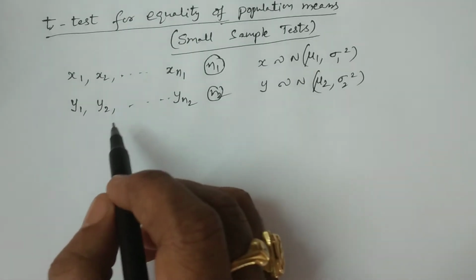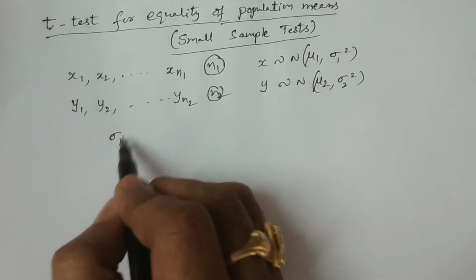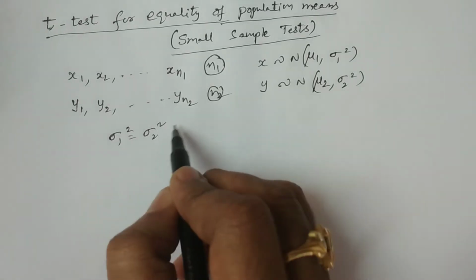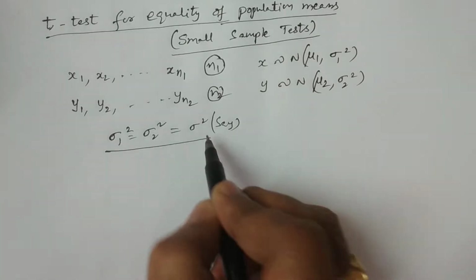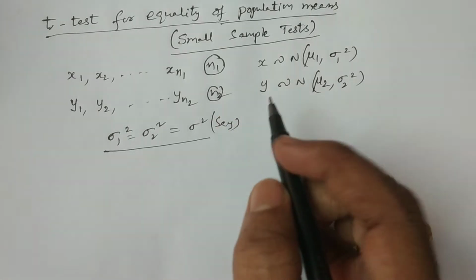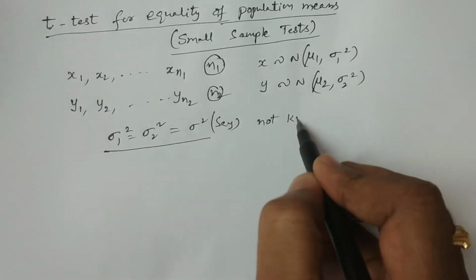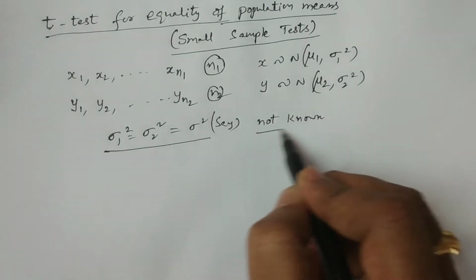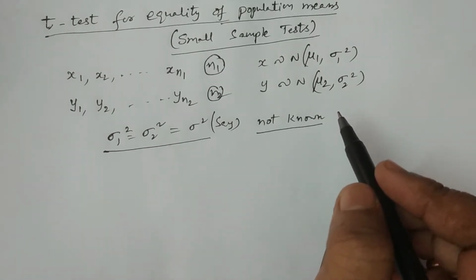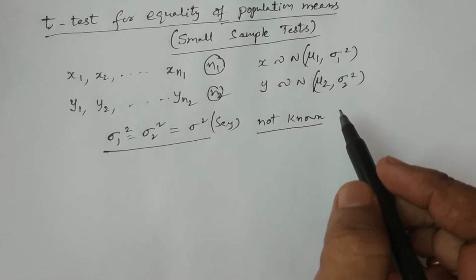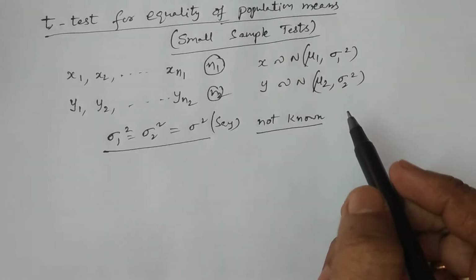Here in the t-test for equality of means, another assumption is required, that is sigma1 square is equal to sigma2 square, let it be some sigma square. That is, the population variances are equal and not known, not a specified value. If it is known, we have to use the normal distribution case, and follow the test procedure with the help of the normal distribution, that is based on large samples, right?